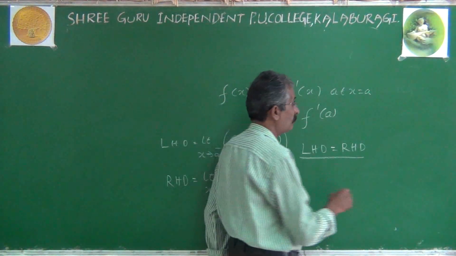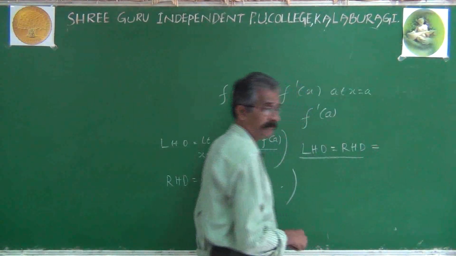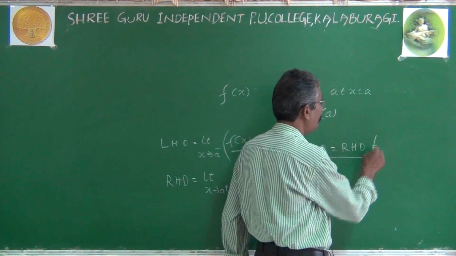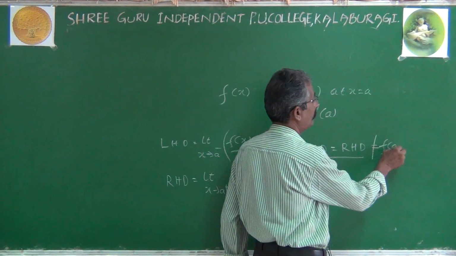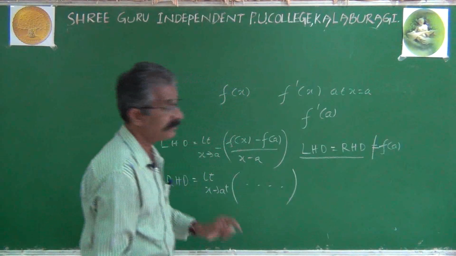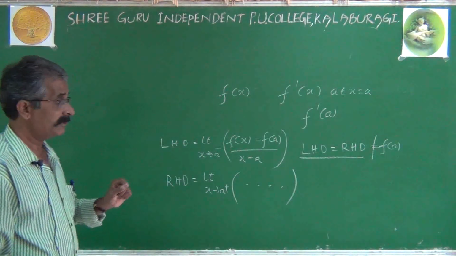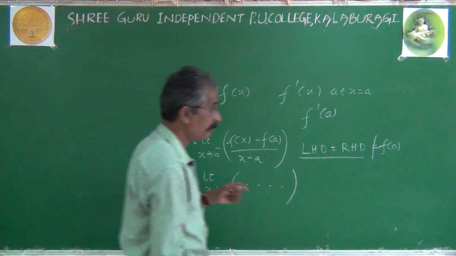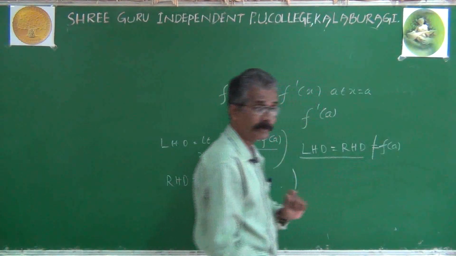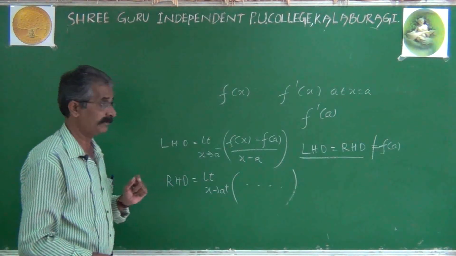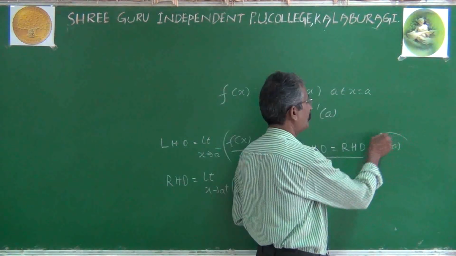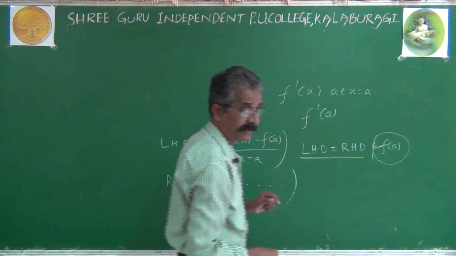However, note that in case of differentiability, these two may or may not be equal to f of a. That f of a doesn't carry weight in this discussion of differentiability, but f of a plays an important role in continuity but not in differentiability. Hence, for differentiability, f of a is not at all taken into consideration.